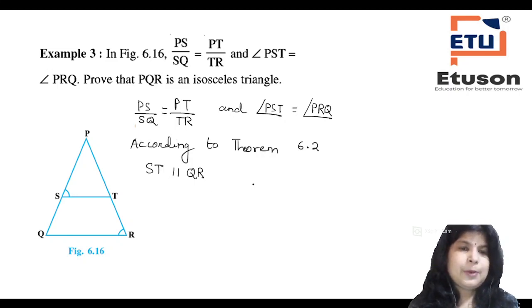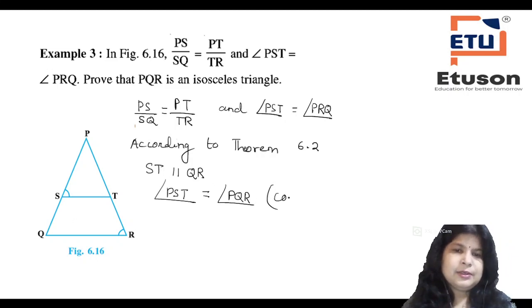If ST is parallel to QR, that means angle PST will be equal to angle PQR, as ST and QR are parallel lines and PQ is the transversal, right?